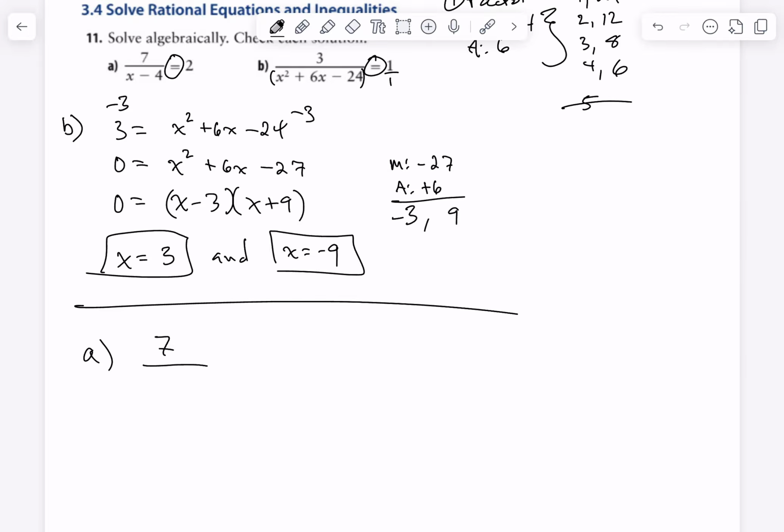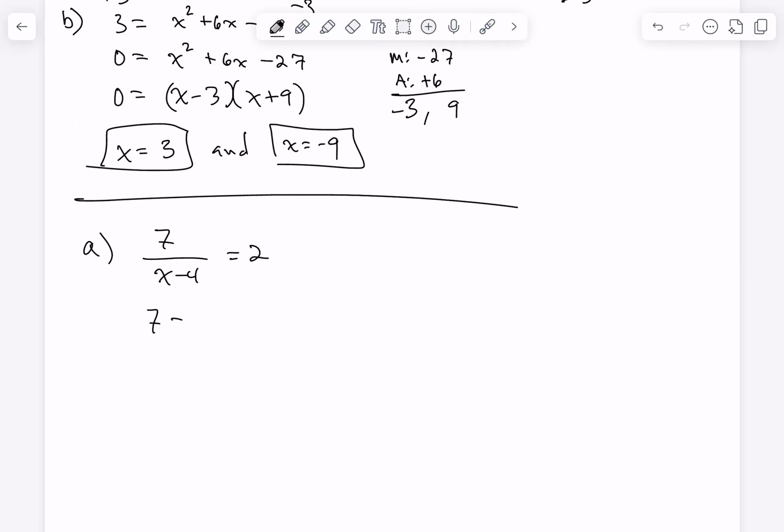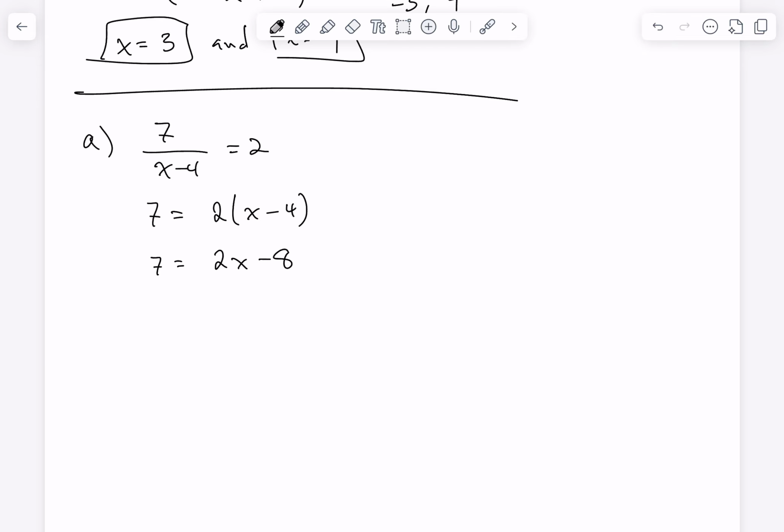So 7 over x minus 4 is equal to 2. Multiply both sides by the denominator, and so you get 7 is going to equal 2x minus 8. It's probably pretty efficient, right? It might not be a bad way to do these problems.